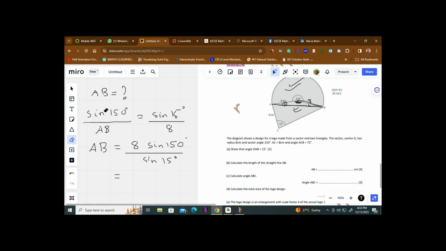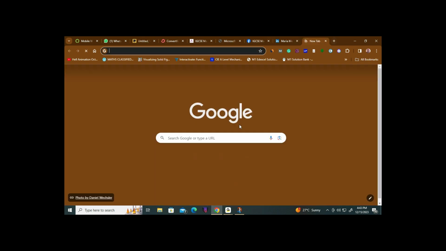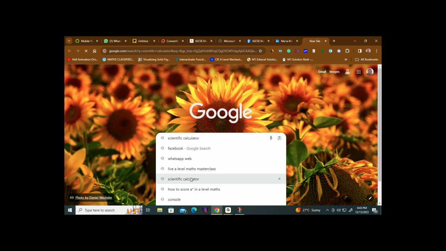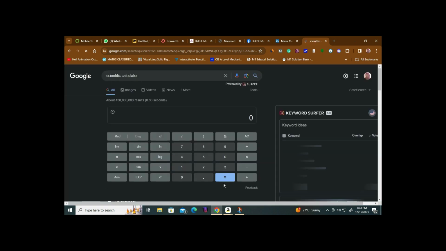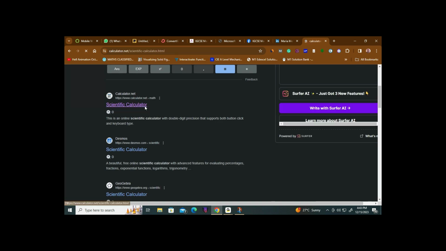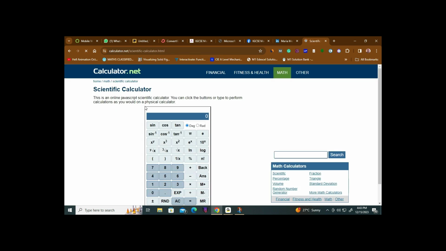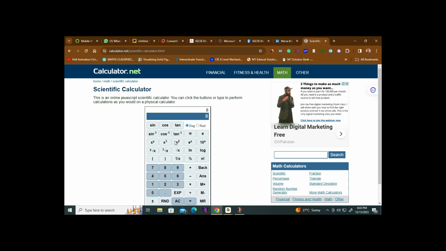So let me open my calculator. Okay, so 8 times sine 150 divided by sine 15.